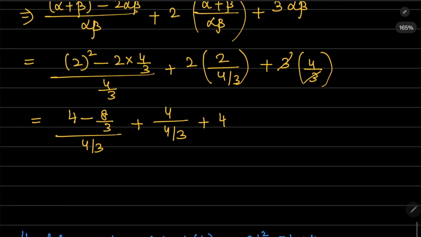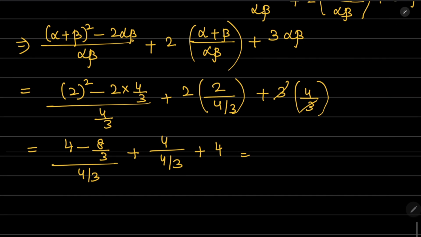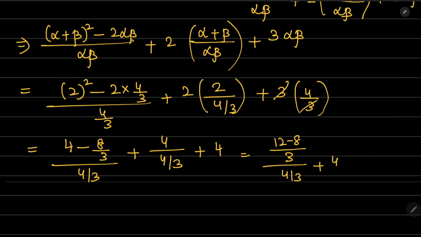Right? So here, what is the numerator? Take the LCM in the numerator. This is by 1, right? So it's 12 minus 8, whole divided by 4 by 3, plus 4 into 3 by 4. I'm just going to flip it, plus 4.